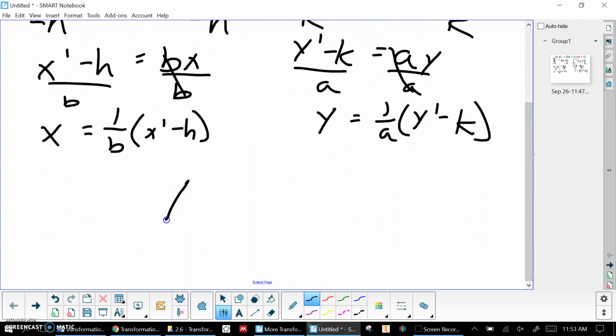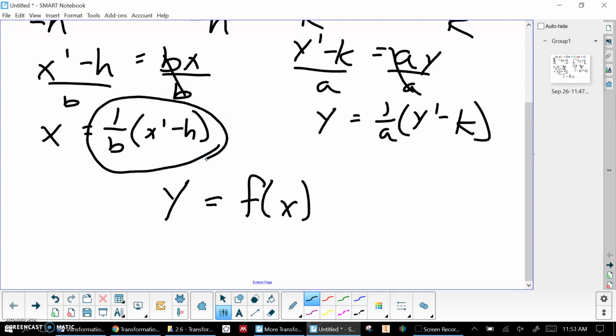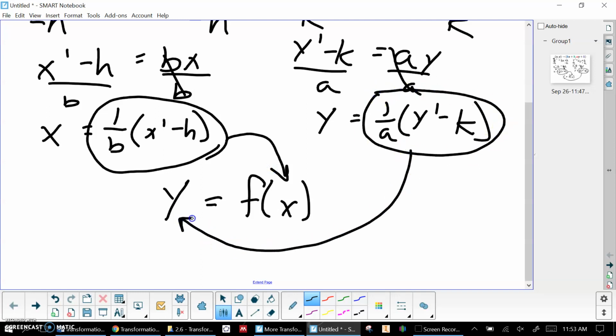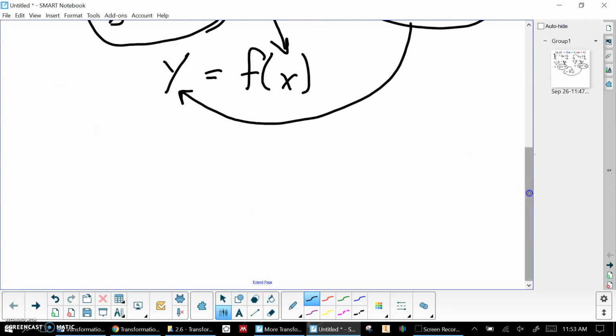So let's go back to our equation. In general, we have an equation y equals f of x. All we're going to do for this transformation is substitute these values in. So 1 over b times x prime minus h is substituted for x, and 1 over a times y prime minus k is substituted for y.